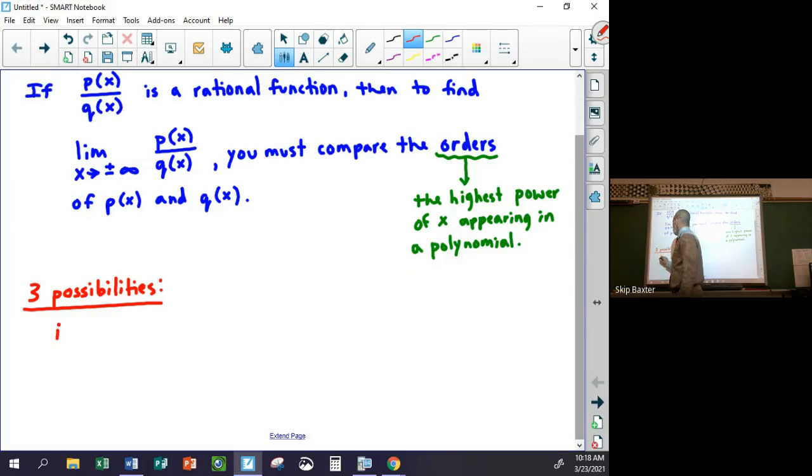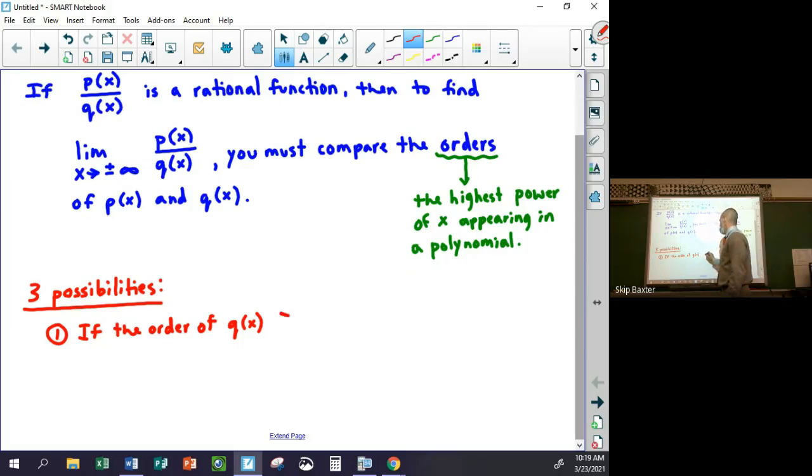So the first possibility that I'm going to talk about is if the bottom is bigger than the top. So if the order of Q of x is greater than the order of P of x.